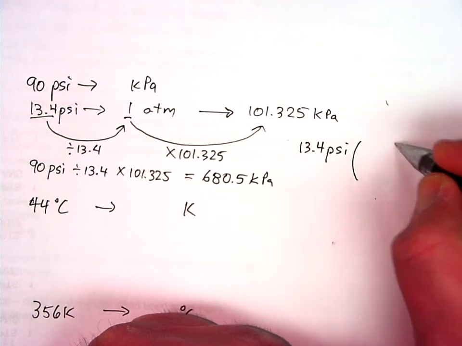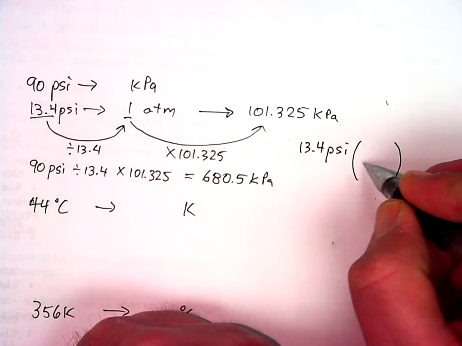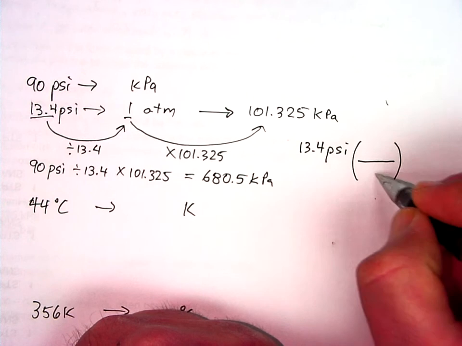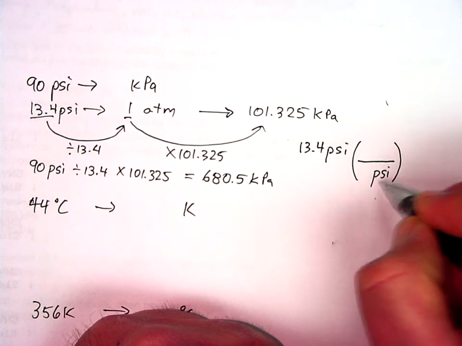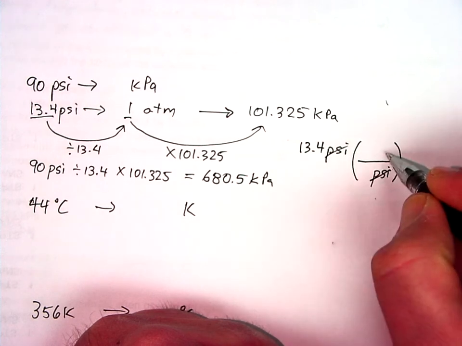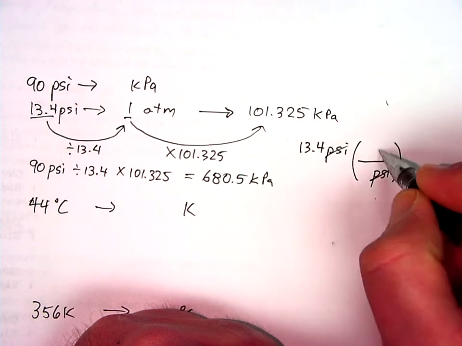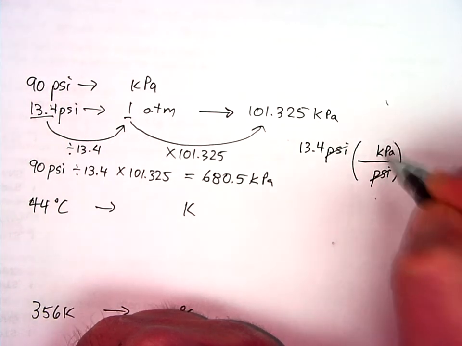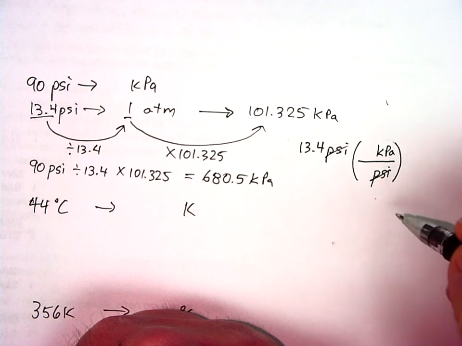So basically, we're going to multiply by a fraction that will remove psi. So psi is down on the bottom. That will remove them and change it to kilopascals, and that will leave me with my final value.